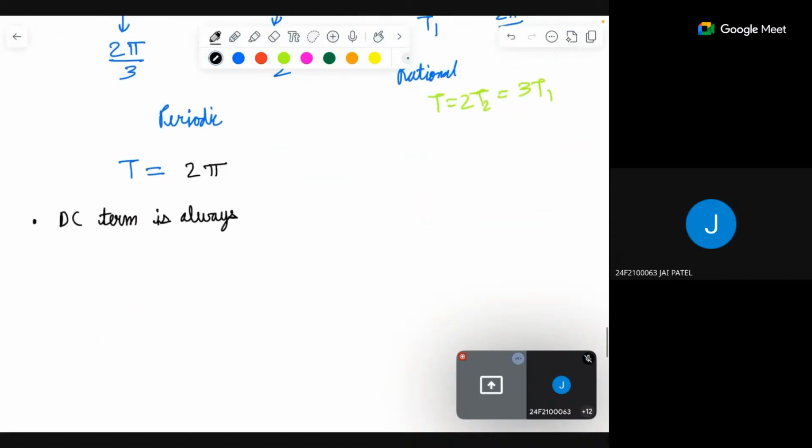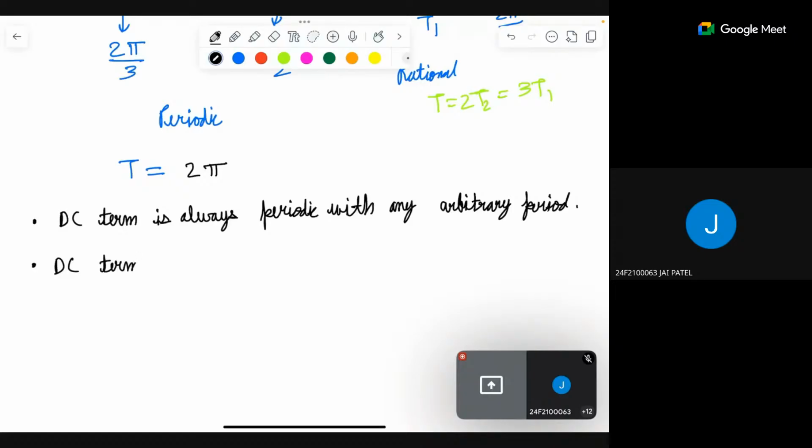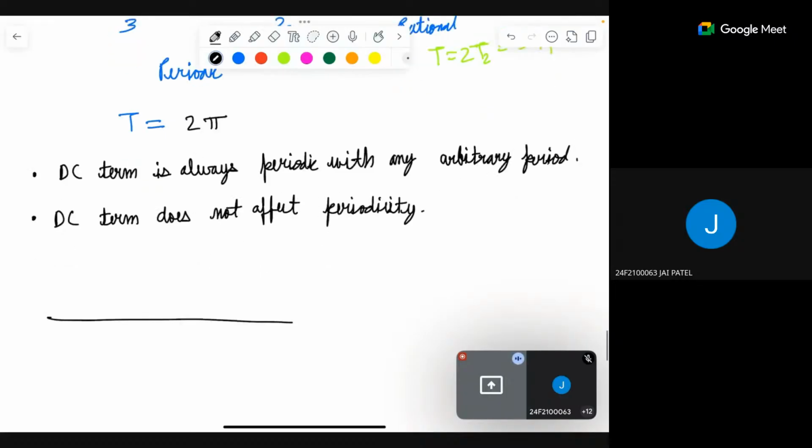Okay. So the DC term is always periodic with any arbitrary period. And also, the DC term does not affect periodicity. So what is a DC term?